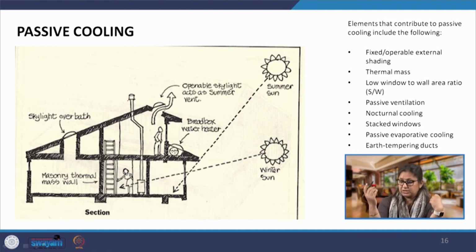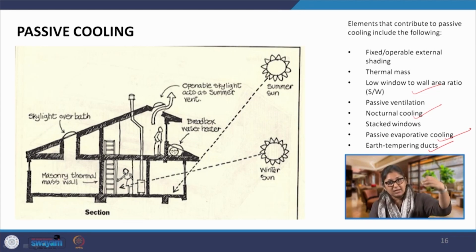For cooling, again the broader domains remain the same, but their application changes. For example, a minimal window to wall ratio is required in areas which require more cooling. Then we might be requiring nighttime cooling, or evaporative cooling, or earth ducts, where before the air is brought into the building, it is passed through heavy mass underneath, under the earth, which is at an average annual temperature throughout.